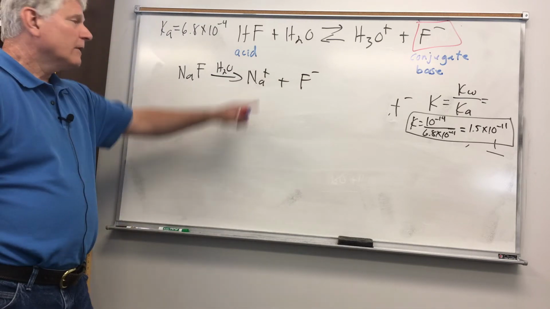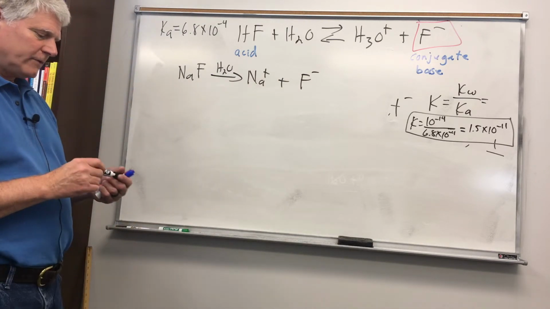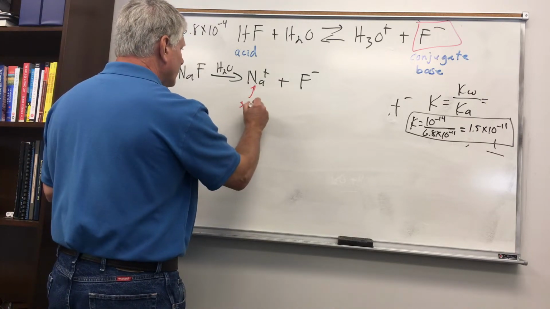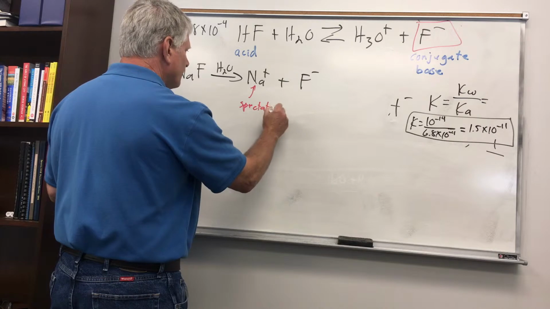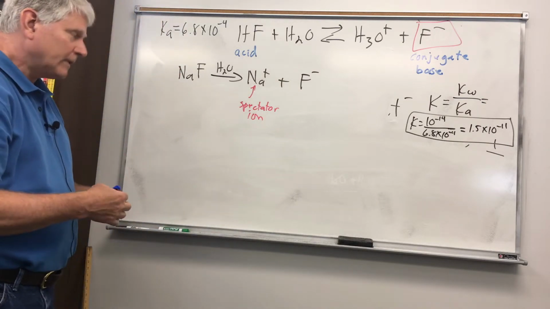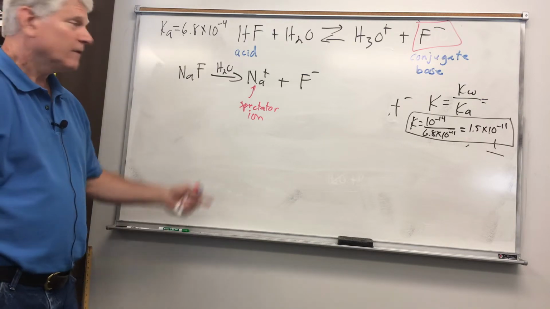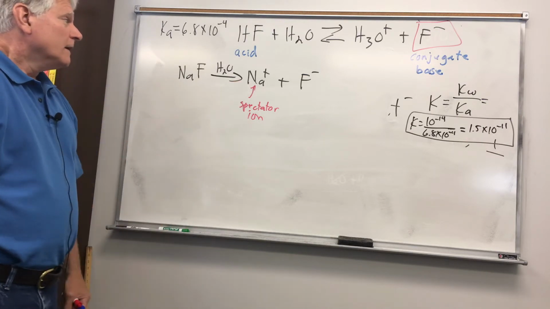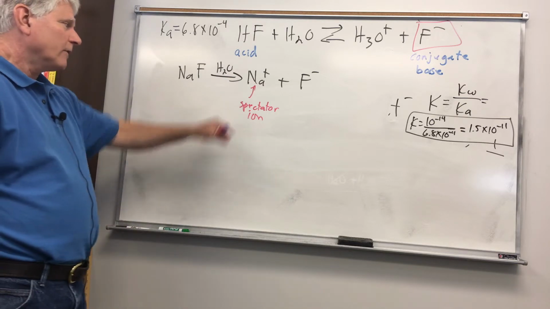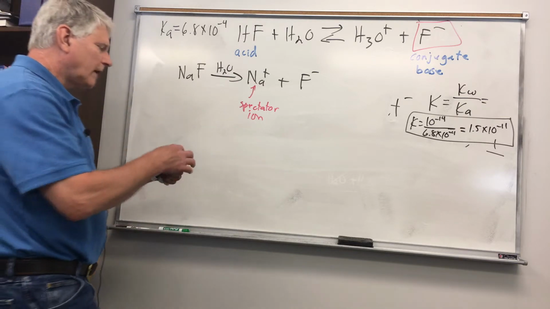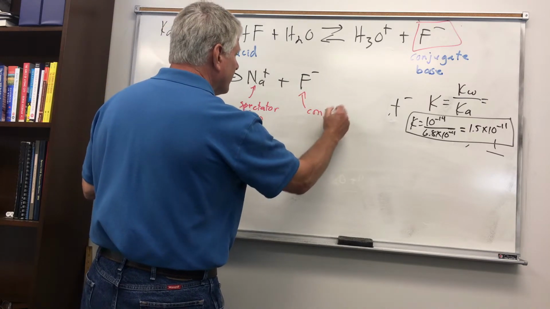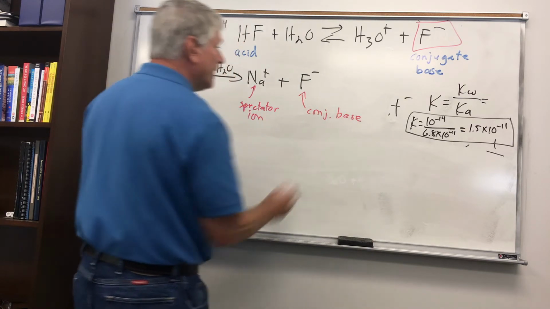We already know that sodium plus from the first semester is a spectator ion, so it's neither an acid nor a base. It doesn't react. It just floats around in water as the sodium plus ion and watches what happens. So that's why it's called a spectator ion. This fluoride minus, though, is a conjugate base of HF.